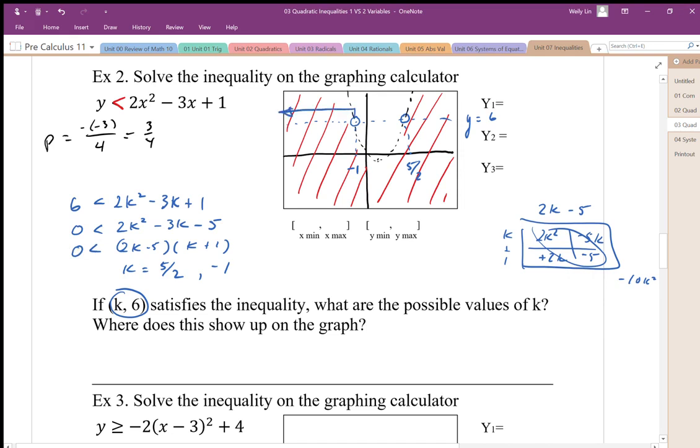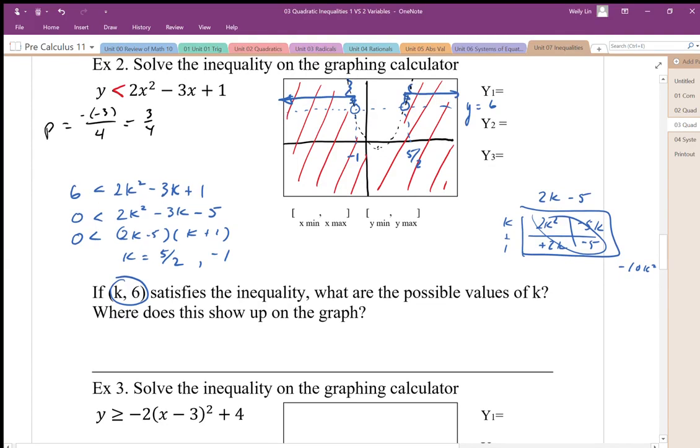It's going to be this region here, so it's going to be this inequality. So it shows what the possible values of k are. Let's answer the question first. k is going to be less than negative 1, and k is going to be greater than positive 5 over 2. And where does it show up on the graph?